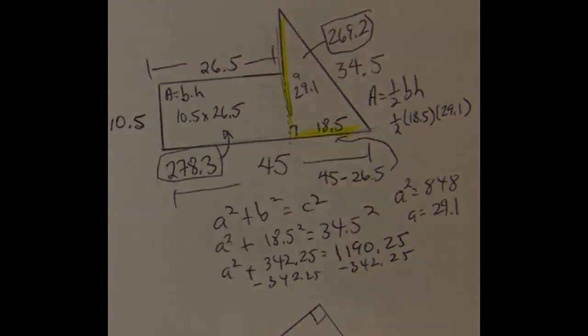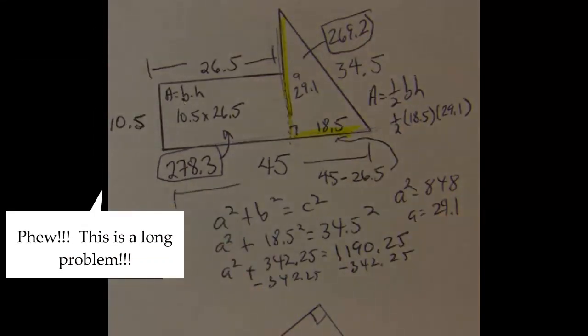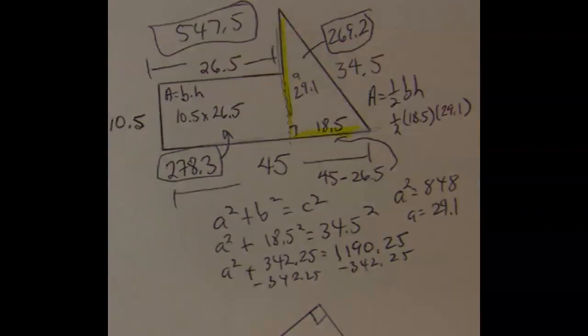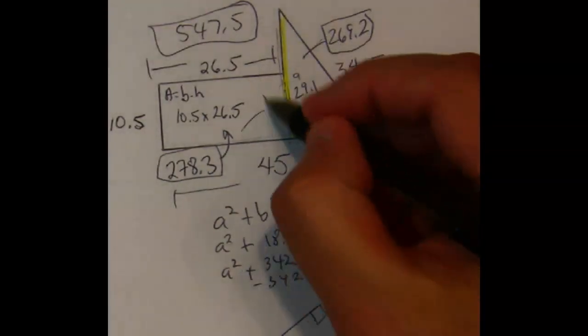Now, since this is composite, we need to add the 269.2 with the 278.3. So 269.2 plus 278.3 equals 547.5. And that would be our composite area. So take these two and add them up.